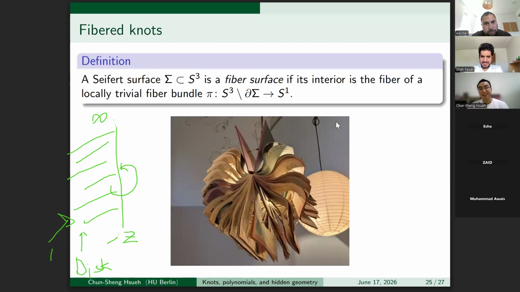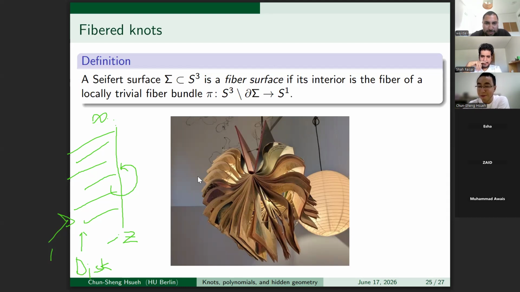Exactly. Maybe I should explain this picture. As Shah already mentioned, we also call the structure an open book. It was an open book hanging; this was actually a picture taken in a cafe in Barcelona. Each page of the book is one of these fiber surfaces.